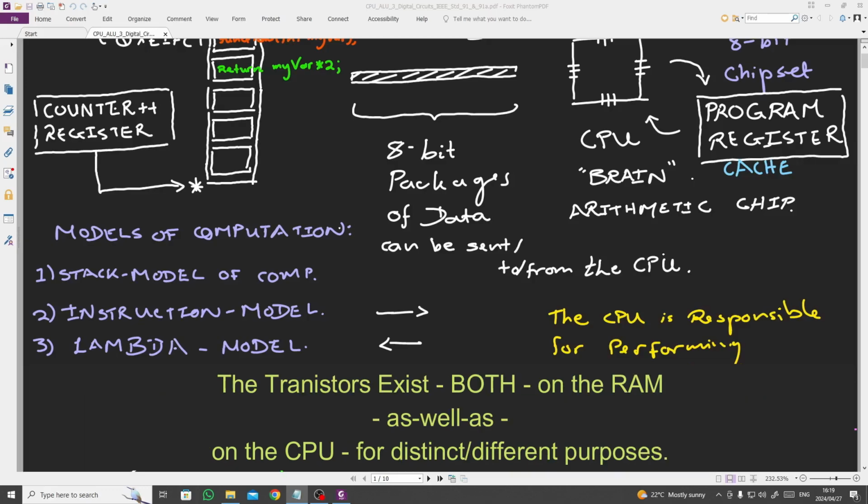The transistors exist both on the RAM as well as on the CPU for distinct purposes.